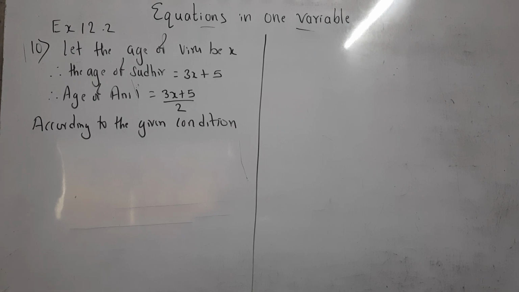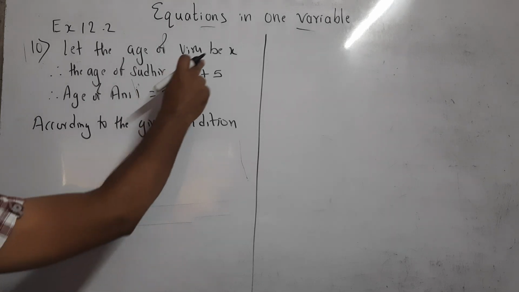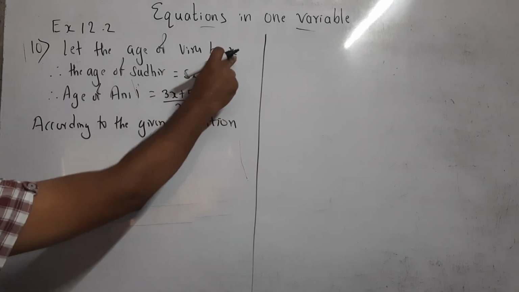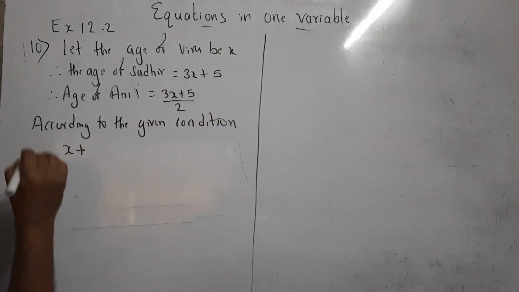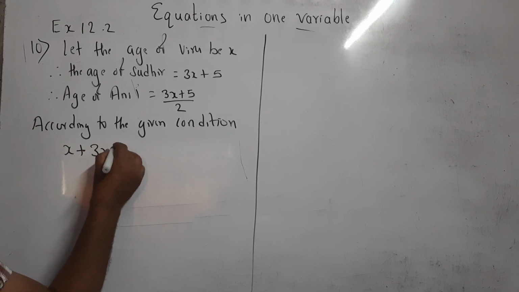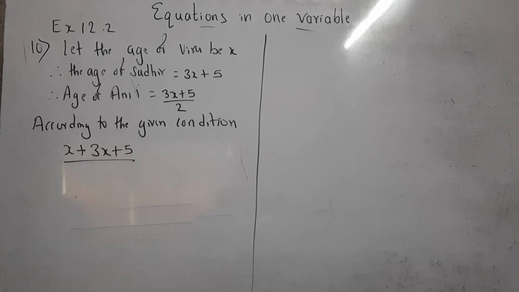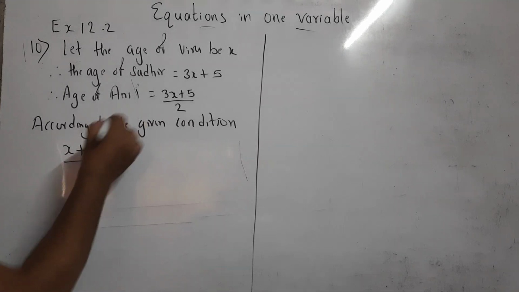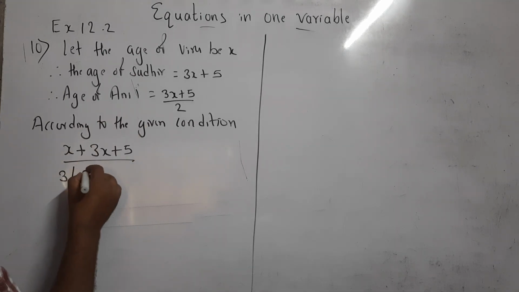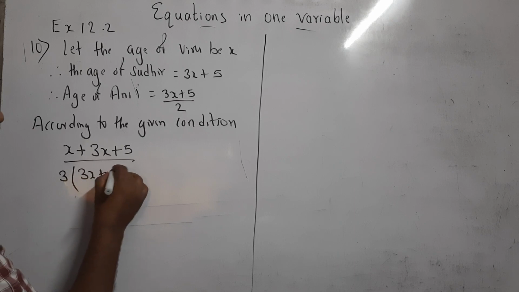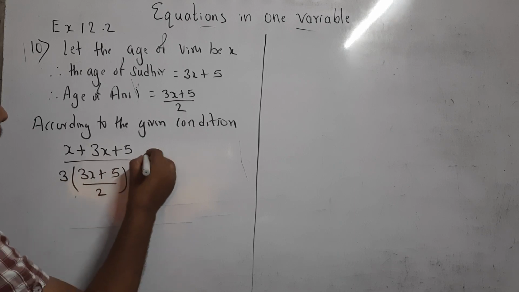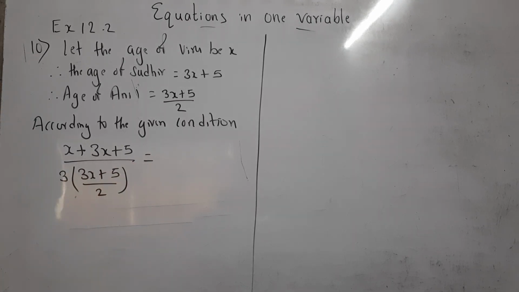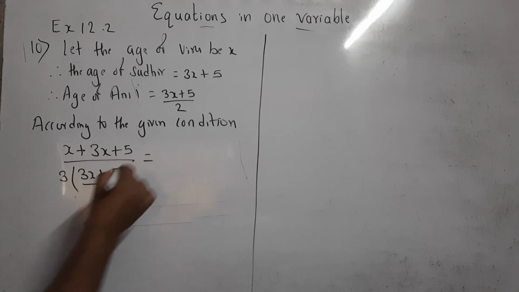Sum of Sudhir and Viru's age, Sudhir का age और Viru का age, sum, that is x plus, Viru's age is x and Sudhir's age is 3x + 5, upon 3 times the Anil's age. Anil का age कितना है? 3x + 5 upon 2, equal to what the ratio is given to you?